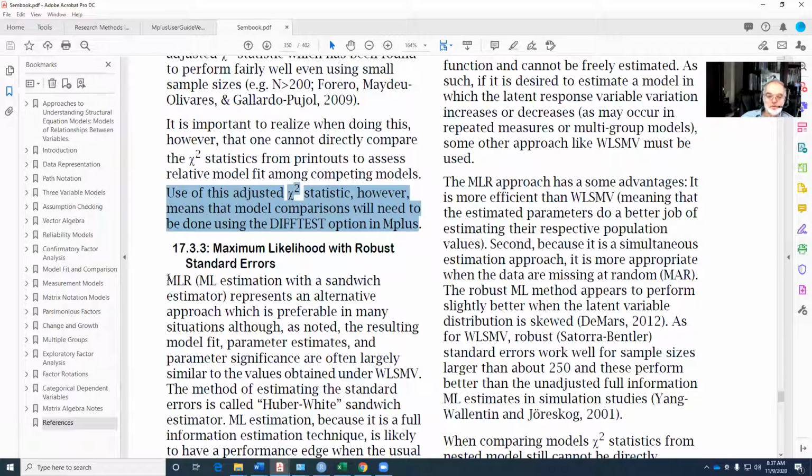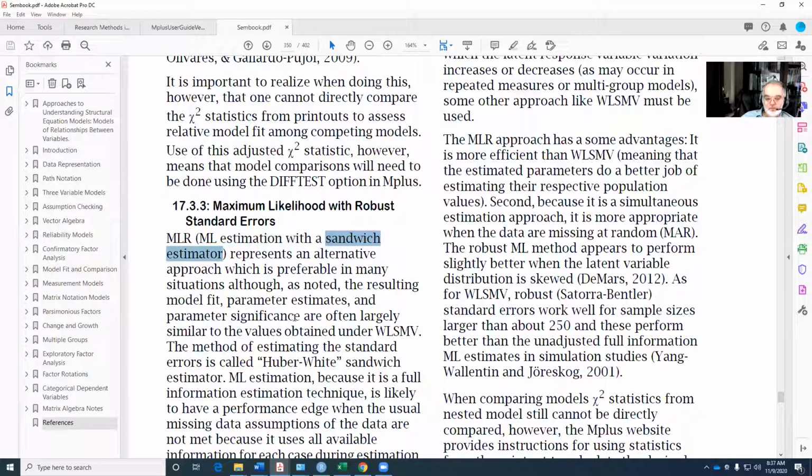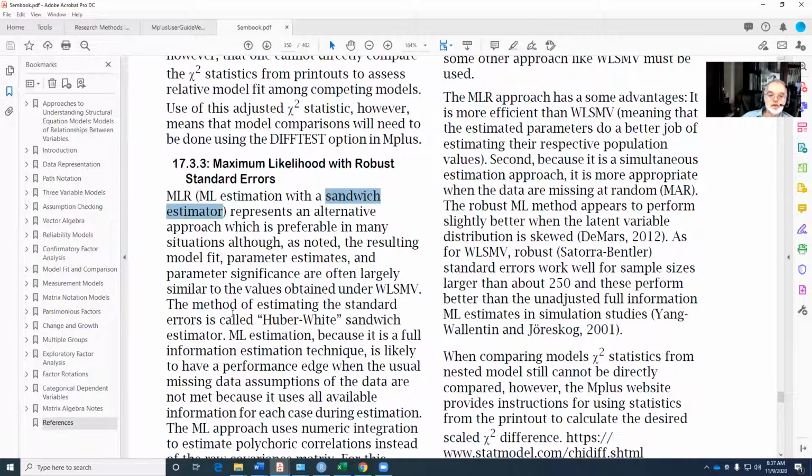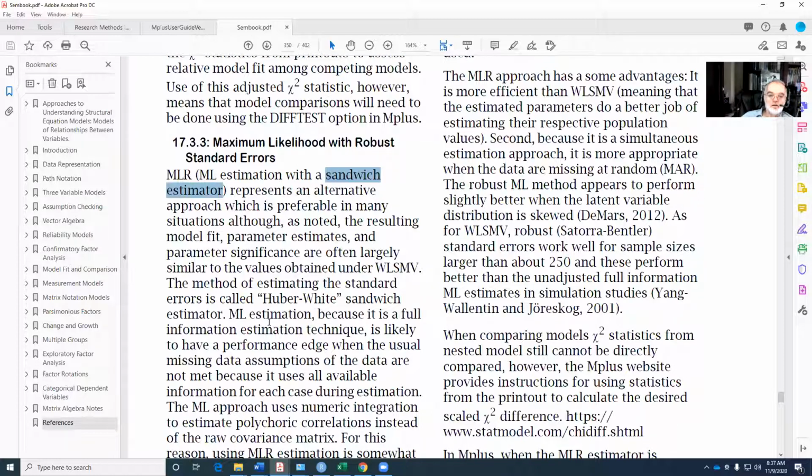Another way of taking into account categorical data is to do maximum likelihood with robust standard errors. That uses something called a sandwich estimator to give parameter estimates for you. ML estimation is a full information estimation technique.